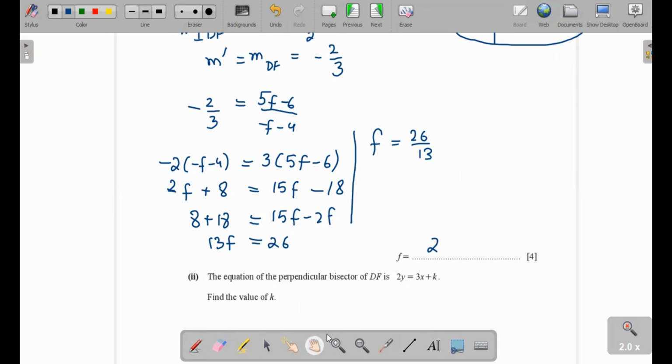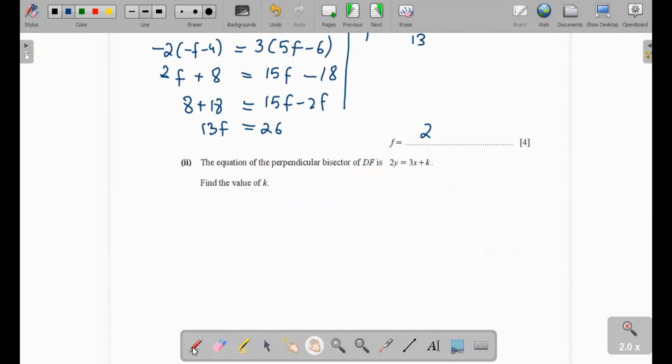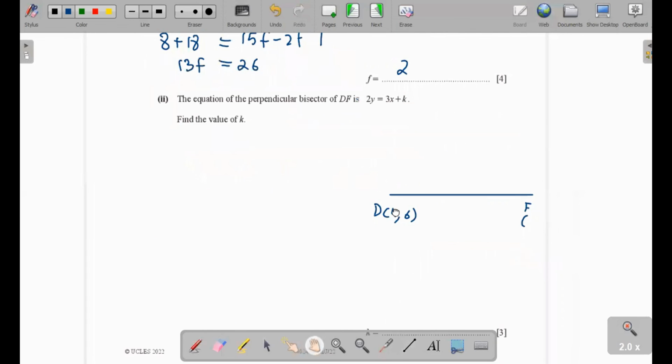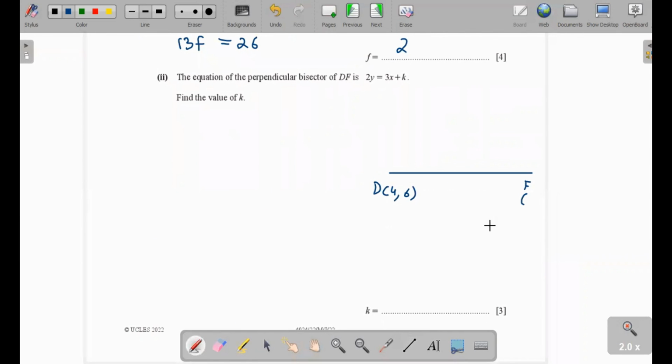Here we know that this is the line DF, and D is the point 4, 6, and F is the point minus f, 5f. Now minus f, 5f means minus 2, 10.